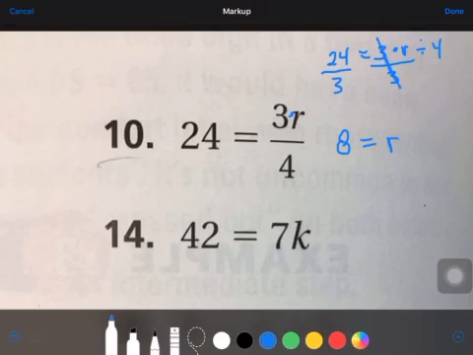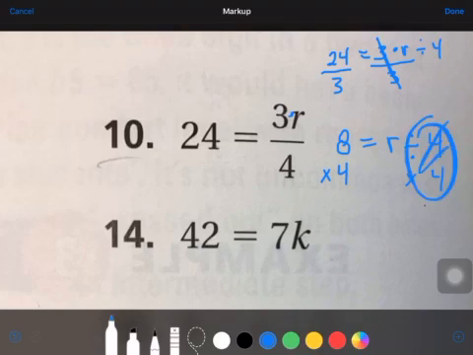So I'm left with r divided by 4. So now I'm going to times to get rid of the 4. And on this side, these cancel out with r. And then 8 times 4 is 32.